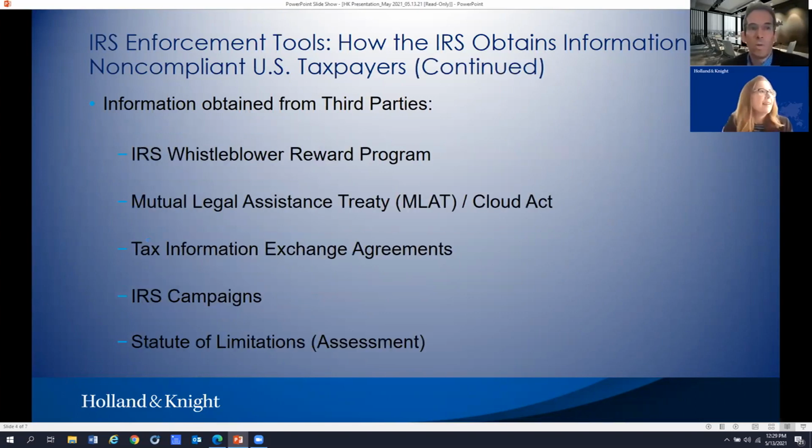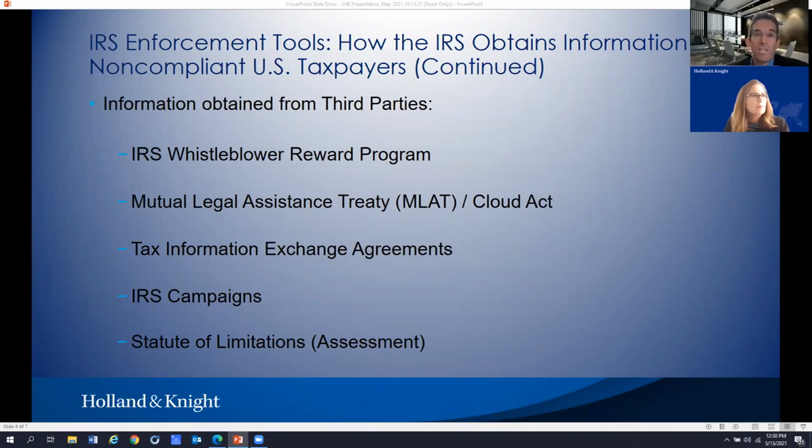Moving into whistleblowers and how, again, continuing with the theory of how IRS gets information from third parties. Many individuals are familiar with whistleblowers and the concept of whistleblowing.